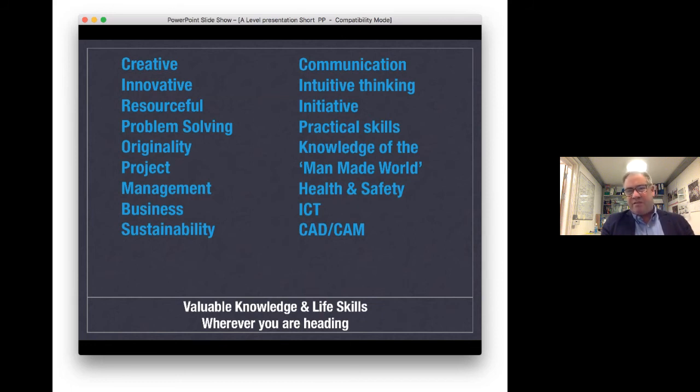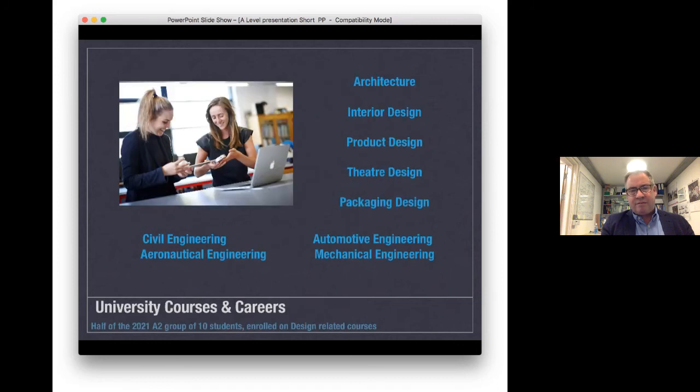You've got intuitive thinking. You can use your initiative. You can definitely use practical skills. They'll be on display. And you've just got this knowledge of the man-made world, which right now the successful countries are building on. Health and safety, ICT, and computer-aided design and manufacture. Valuable skills wherever you're heading.